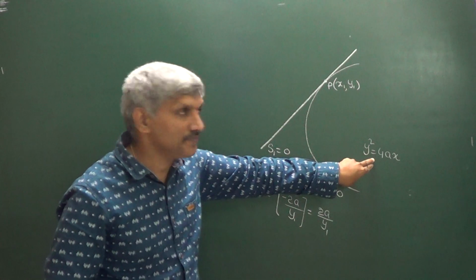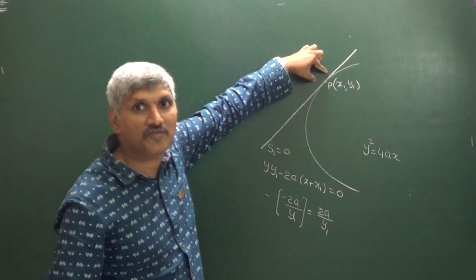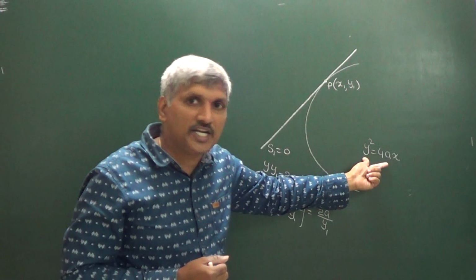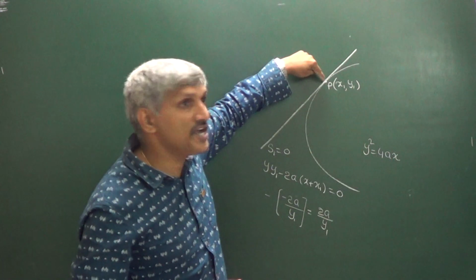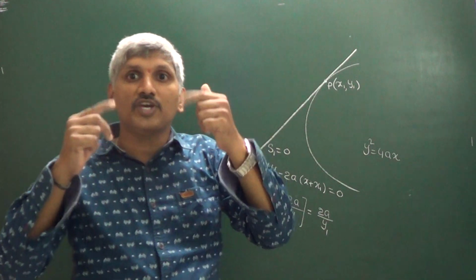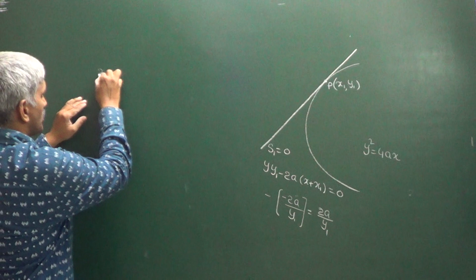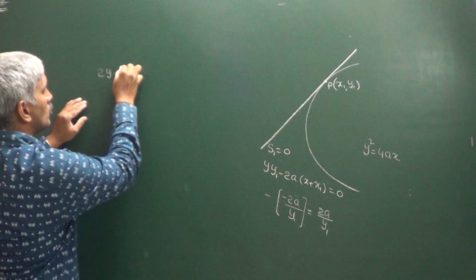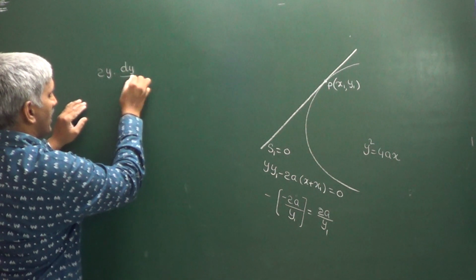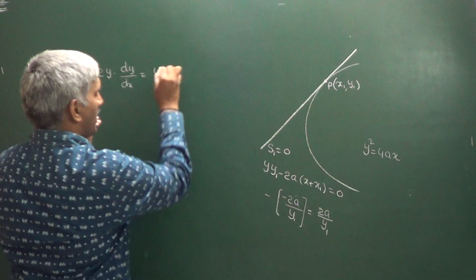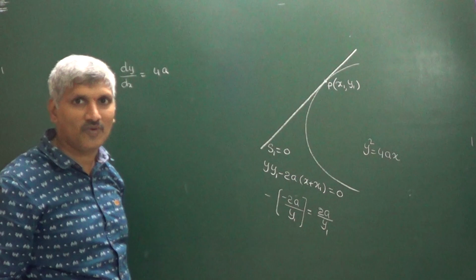Differentiate this curve at a point x1, y1, what will we get? Differentiating y square, we get 2y into dy by dx is equal to 4a into the differentiation of x, which is 1.